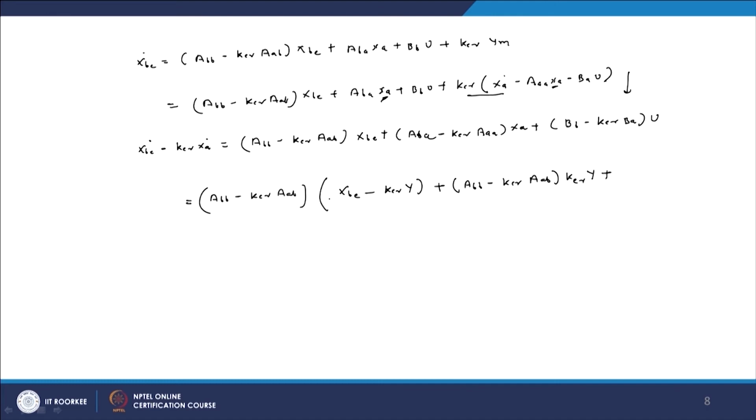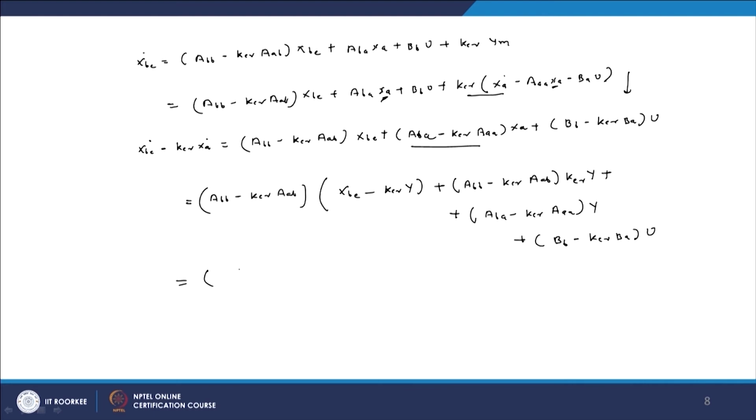So, this equation is this part, and now this KER minus AB we have to write as an additional term, minus KER into Y, and now this term needs to be nullified. Therefore, here what we write is ABB minus KER into AB plus KER into Y plus, now this to be written here, ABA minus KER into AAA into Y plus BB minus KER into BA into U. Now, this equation needs to be simplified.